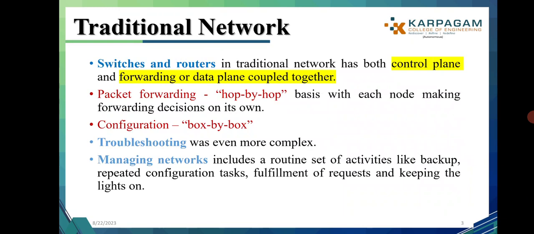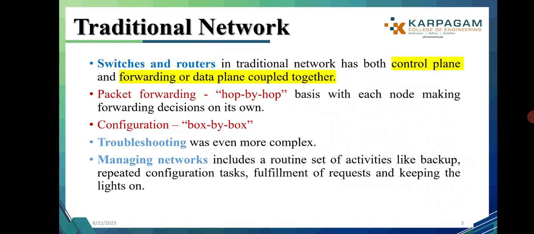Then coming to the packet forwarding technique, it follows a hop by hop basis, with each node making forwarding decisions on its own. What we mean by hop by hop is that you have to jump device by device.